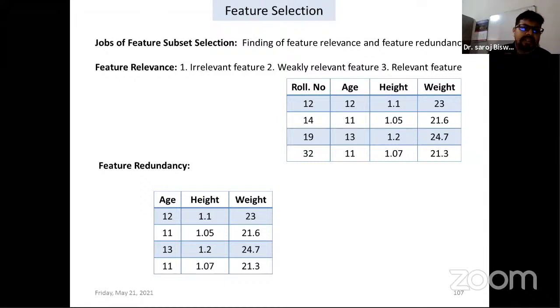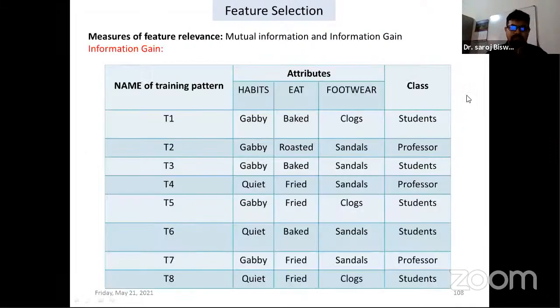Clear? So the summary is that in feature selection, generally two things are done: feature relevance and feature redundancy. Coming here, we can find feature relevance using mutual information and information gain. There are a number of measures, but these are very popular measures. Information gain is very popular.